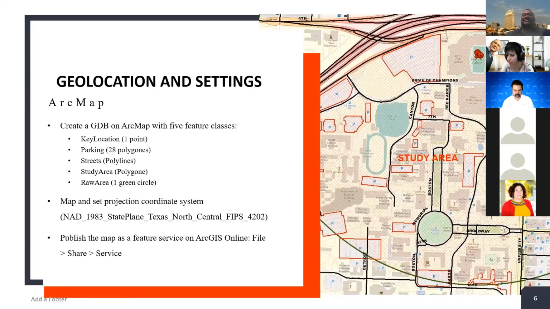And I set my map projection coordinate system using NAD 1983 State Plane Texas North Central FIPS 4202. I used that projection since it is a Lambert conformal conic projection, which preserves the shape.